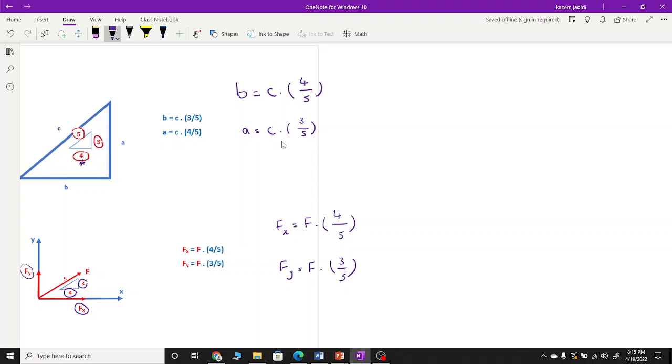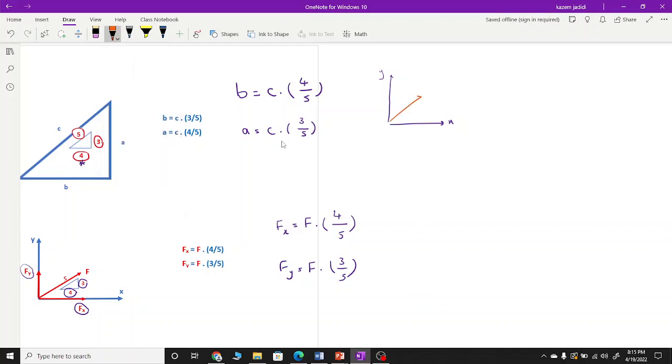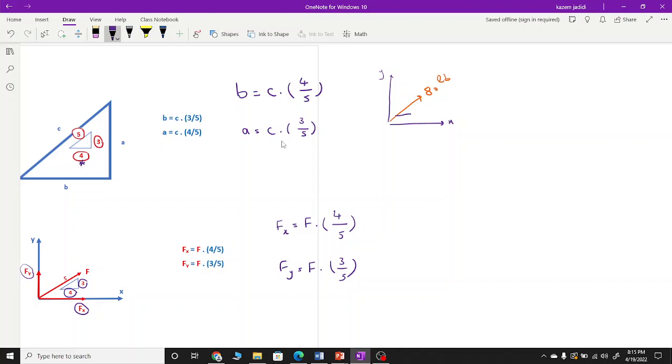Now, let's solve another example. Let's say this is our x, this is our y, and we have a force that acts in this direction, and let's say it's 80 pounds. Now we have this small triangle shown in here. It says that this is our 4, this is our 3, and this is our 5.